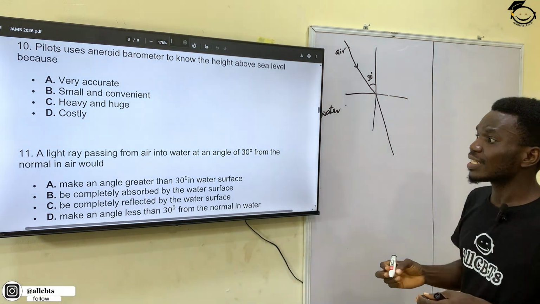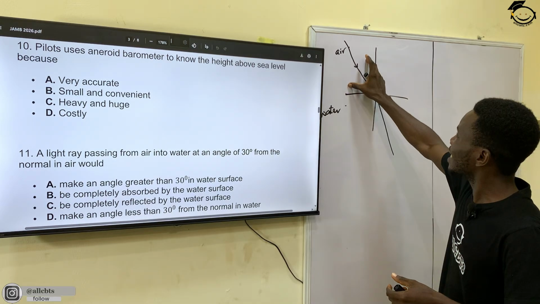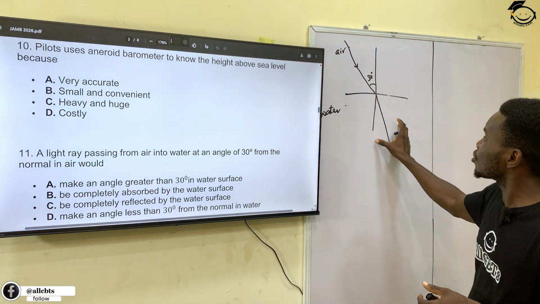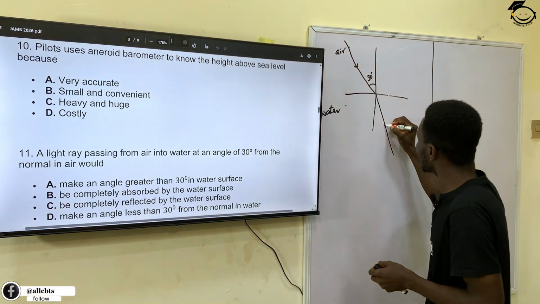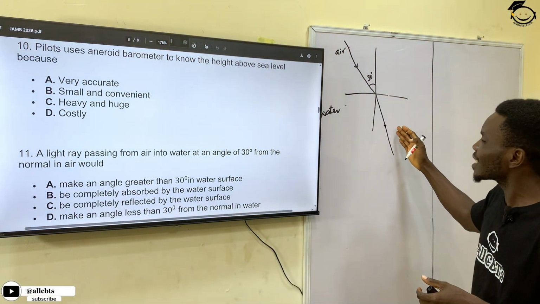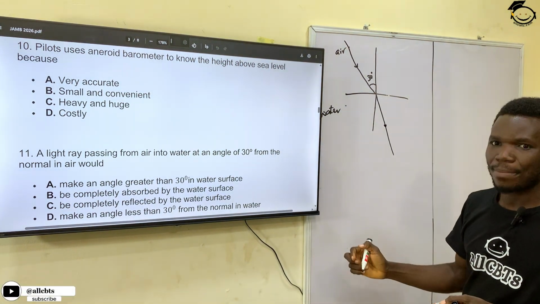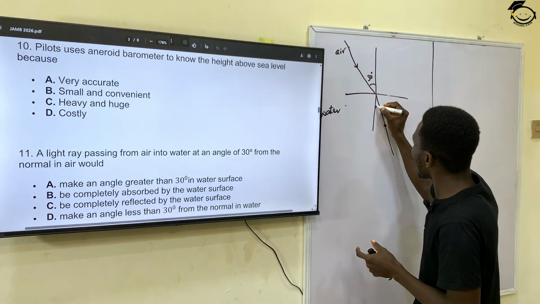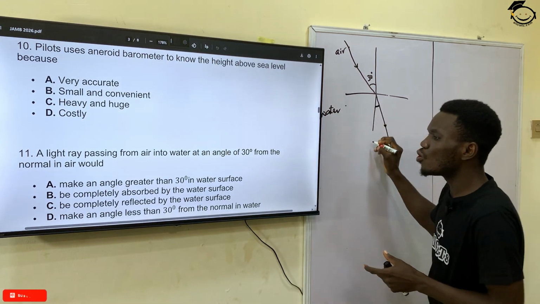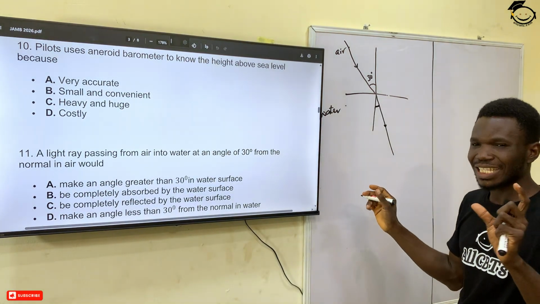Now, when this ray of light travels from air into water, you discover that there is a shift in the ray towards the normal, thereby making the angle lower or less than 30 degrees.